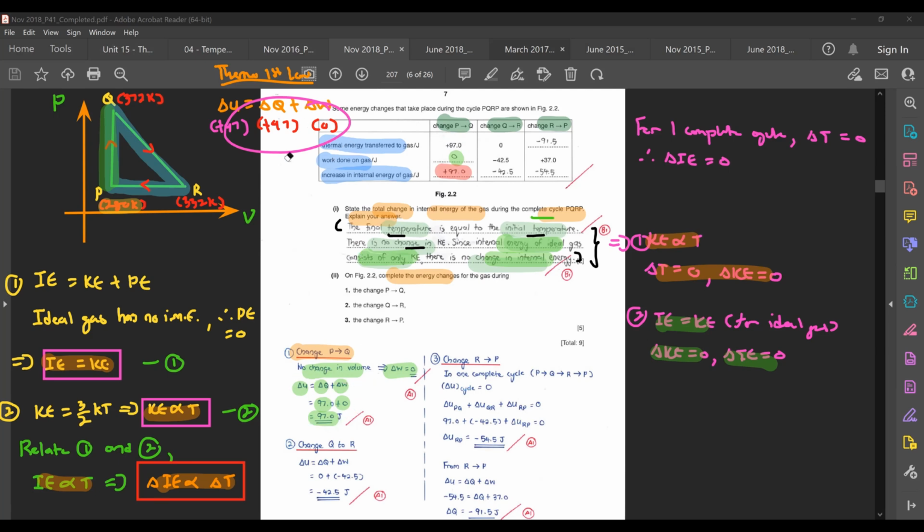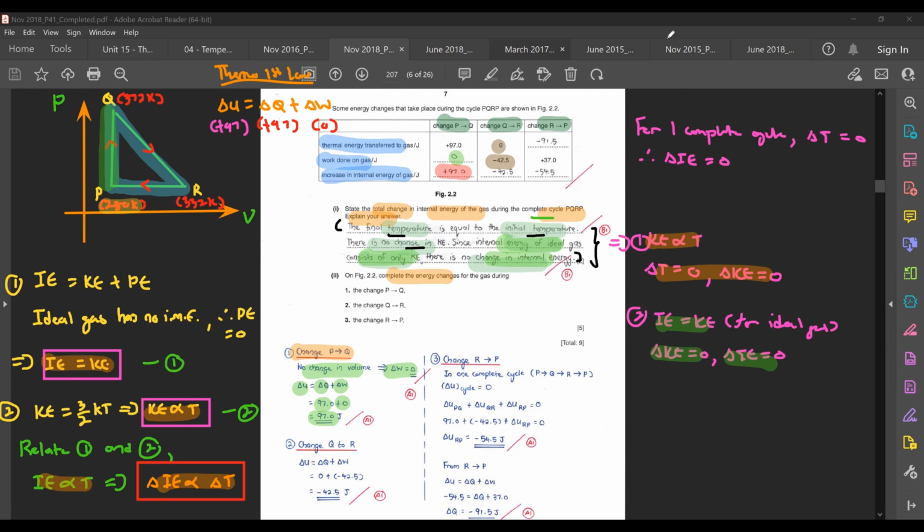Okay, so that was for the first column. Then you go on to the second column. For changes from Q to R, this one is your second column here. They already told you that your thermal energy transfer to the gas is 0. Your work done on the gas is negative 42.5. What is then your increase in internal energy of your gas?